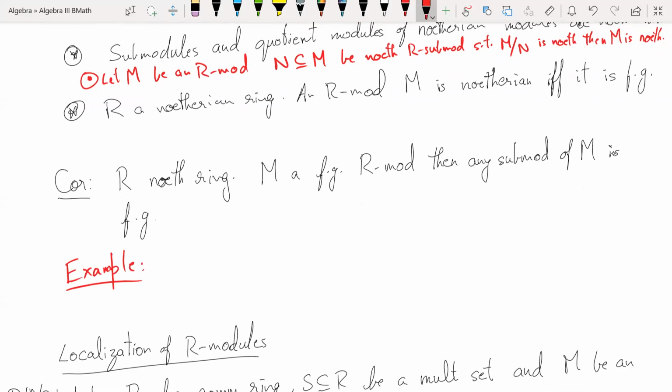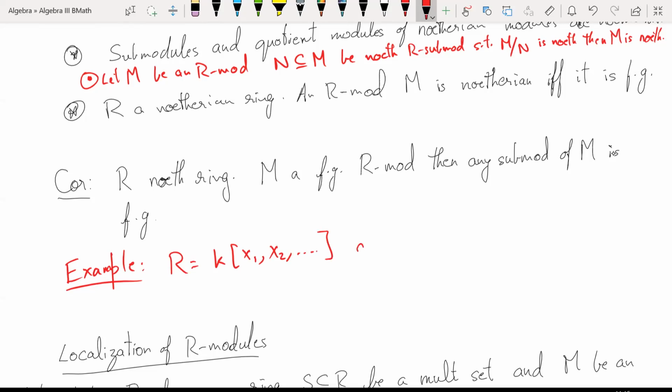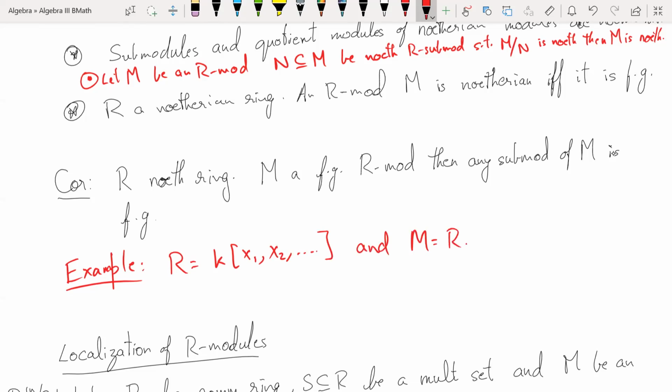So you start with any non-Noetherian ring, for instance. Take R to be, let's say, a polynomial ring in infinitely many variables. That's an example of a non-Noetherian ring. And M to be R itself. Then of course M is finitely generated.